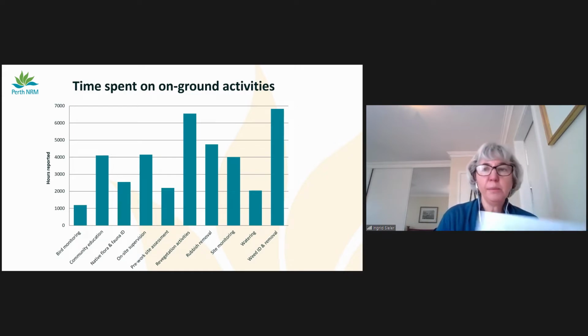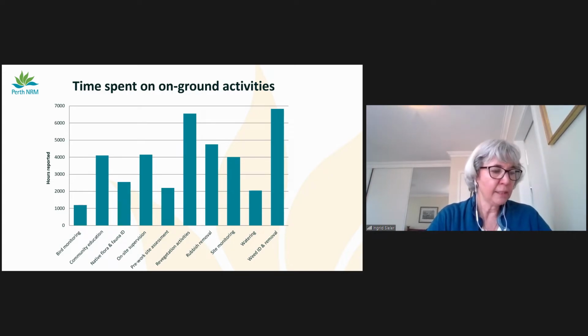So in terms of, I suppose, really understanding the significance that the volunteers provide to the Perth region, we collected information about the amount of time that they spend on their on-ground activities. And I'm just going to read you some information about this now.